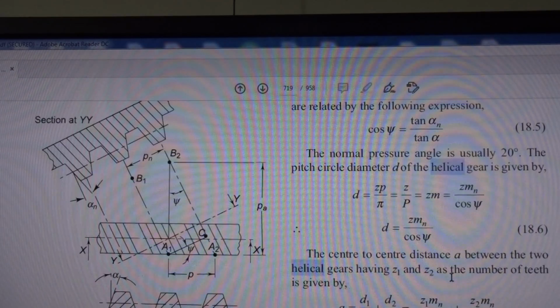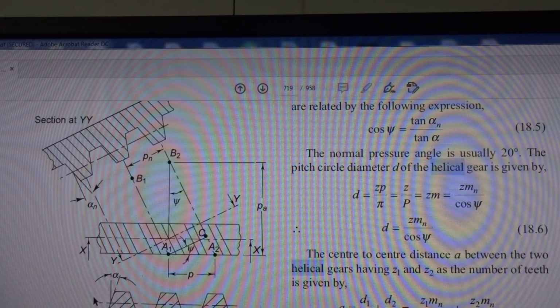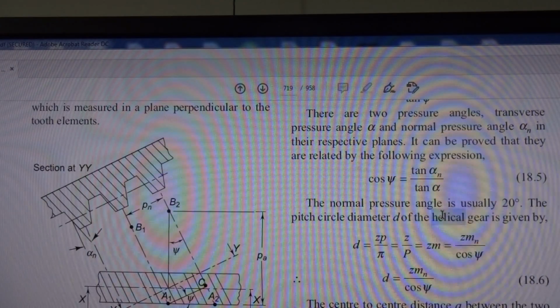If the section is considered along the transverse direction, then this angle is known as the transverse pressure angle alpha. If it is cut along the plane perpendicular to the tooth, this angle is known as the normal pressure angle alpha n.